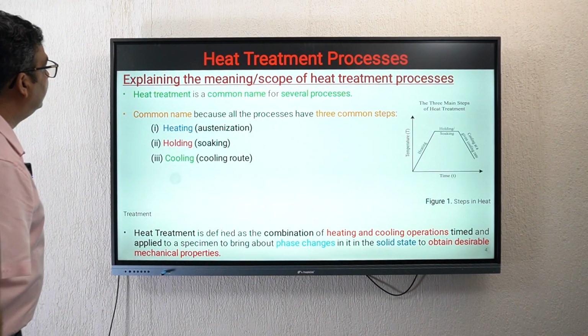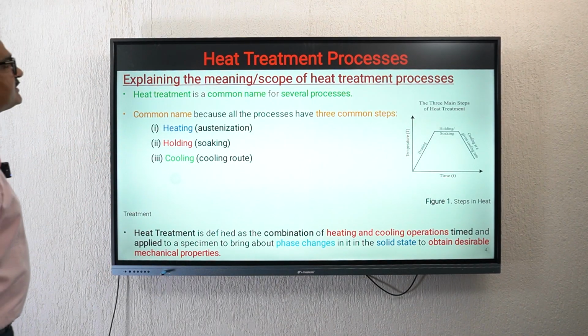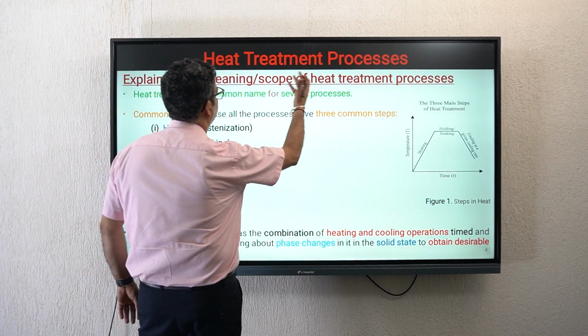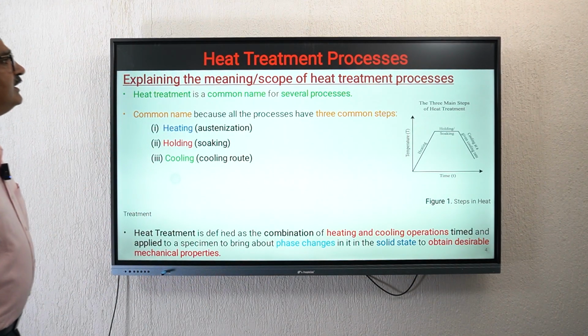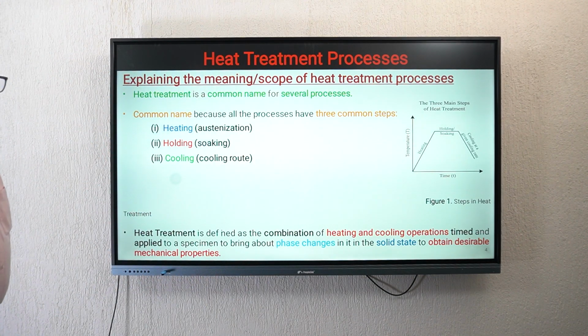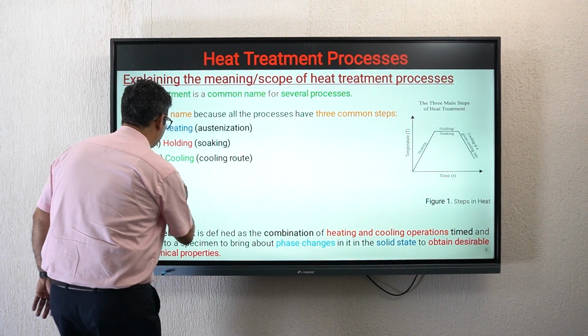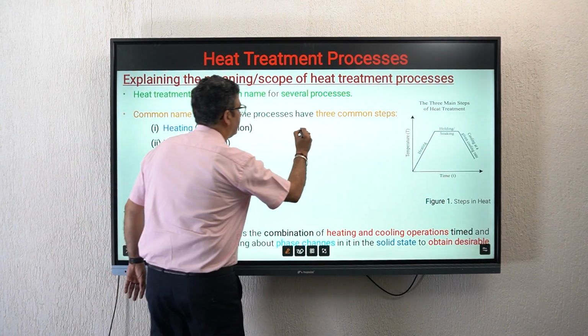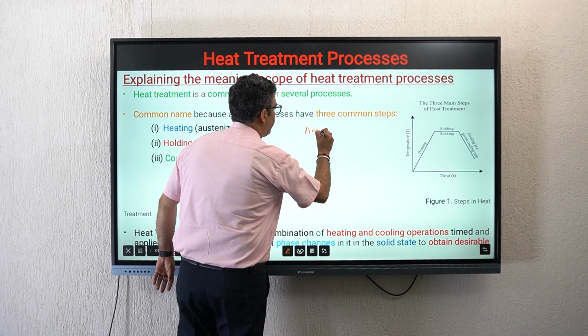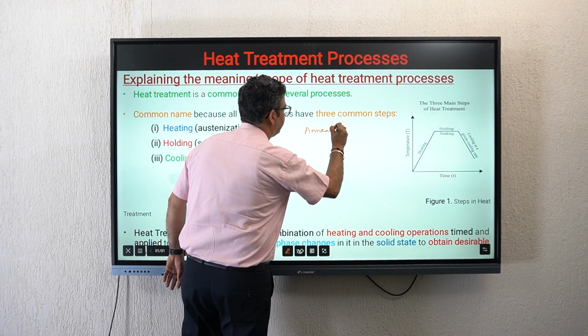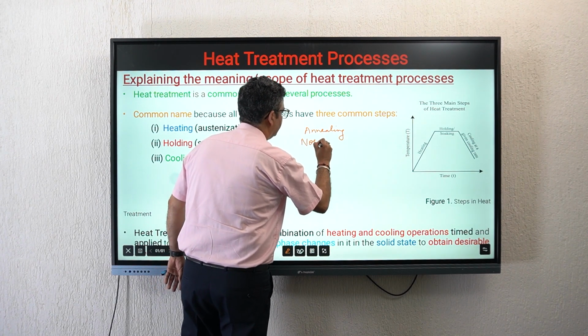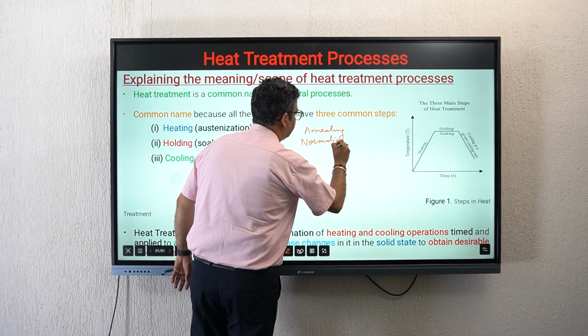Then students, what is meant by this term, or what is the scope of these processes which are called heat treatment processes? As I named some of them, one of the heat treatment processes is called annealing. Then there is another very important one, which is called normalizing.